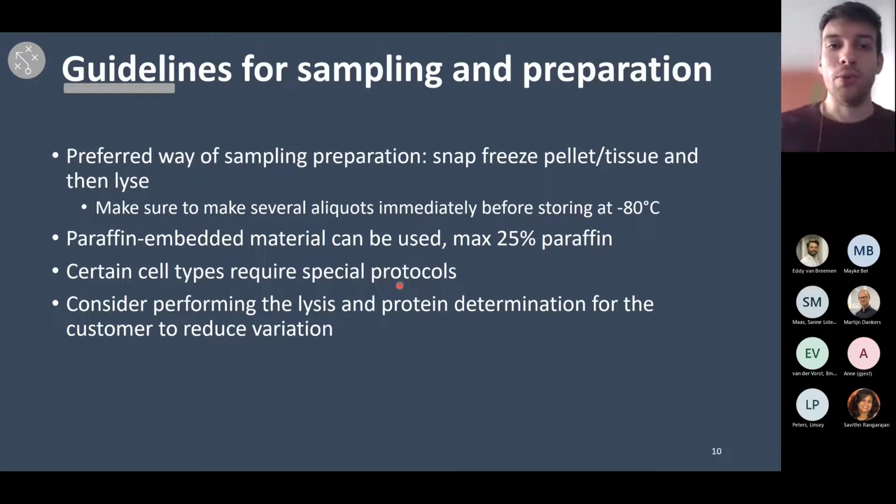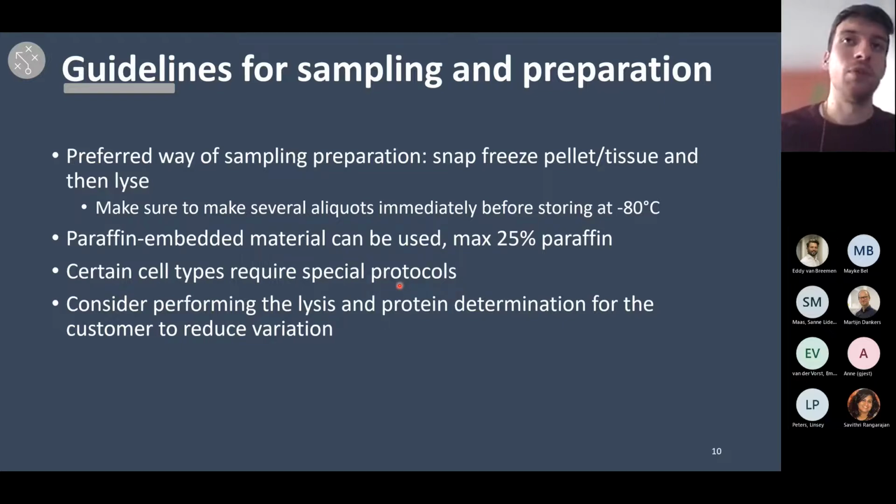This is also true perhaps for cell types that you haven't really used before. Most adherent and suspension cell lines will be fine. But you can imagine if you have some sort of rare cell population, like perhaps astroglia from the brain, or some very rare immune cell type, you might have to take special consideration in preparing your samples.